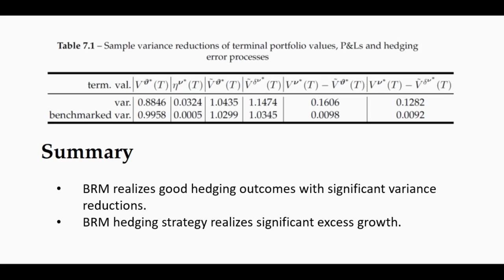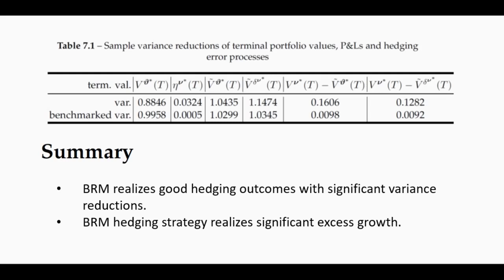So assuming the unhedged portfolio to have a variance of 1, the hedged portfolio, which is the difference between the BRM strategy value minus the hedging portfolio value, has a much reduced variance of about 13%.